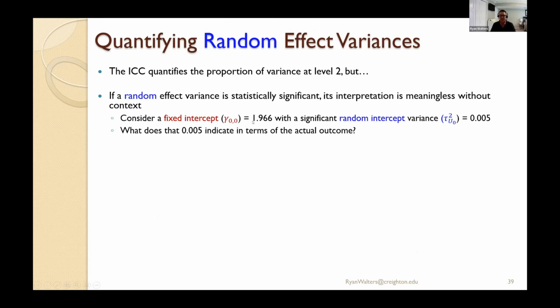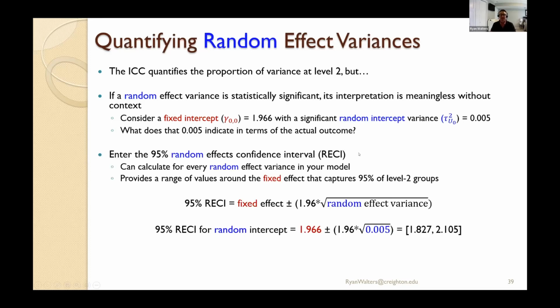Let's say the fixed intercept came back as 1.966, with a significant random intercept variance of 0.005. So this kind of small random intercept variance was deemed to be statistically significant. So the multi-level model fits better than the single level model. But what does this 0.005 actually indicate in terms of the outcome?